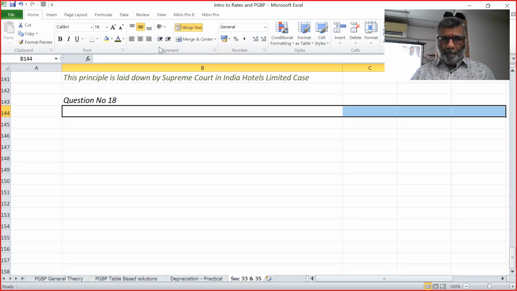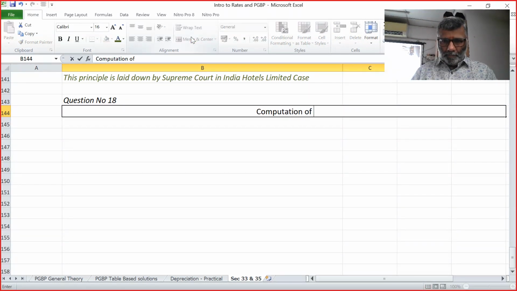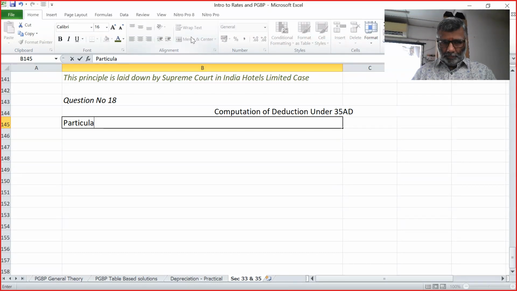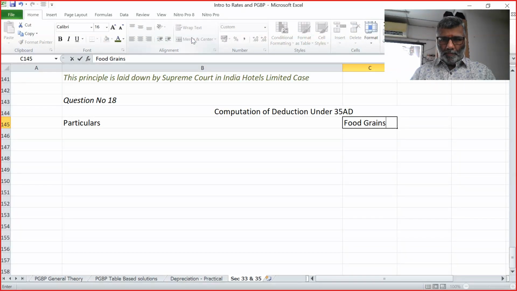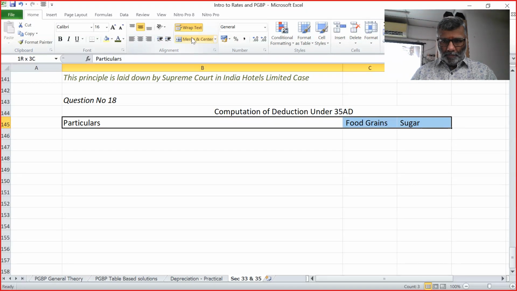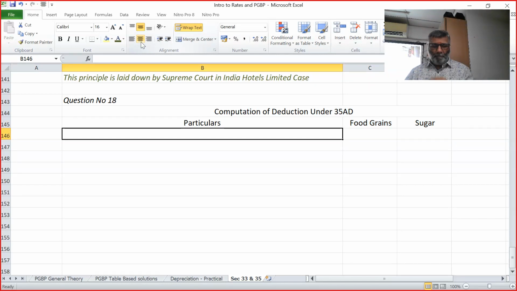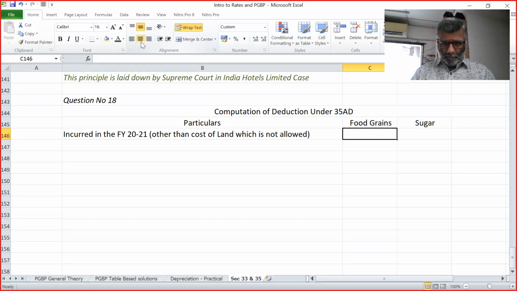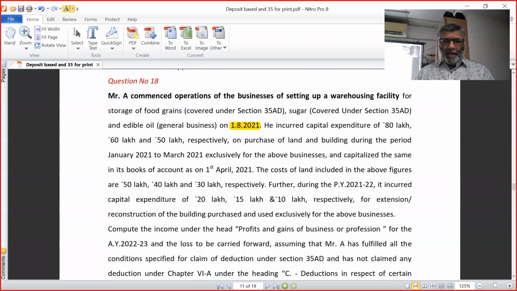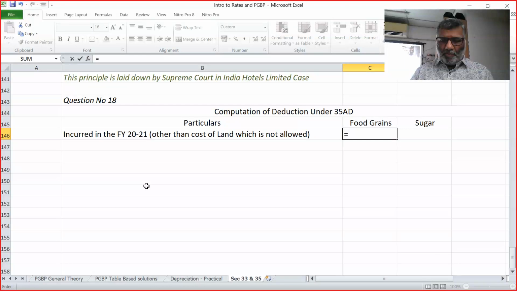First, 35AD. Grain, sugar. So here it is 80 lakhs, and the cost of land included in the above 80 lakhs is 50 lakhs. 80 minus 50, that becomes the building cost.